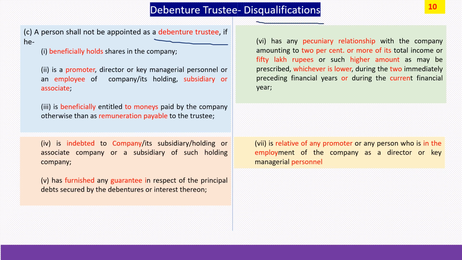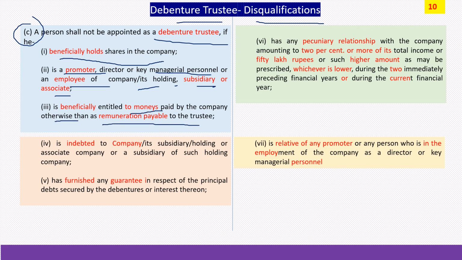As per subclause C, a person attracts disqualification if he holds shares in the company, or he is a promoter, director or key managerial personnel or employee of the company, its holding company, subsidiary or associate, or he is in receipt of monies from the company otherwise than as remuneration payable to trustee.